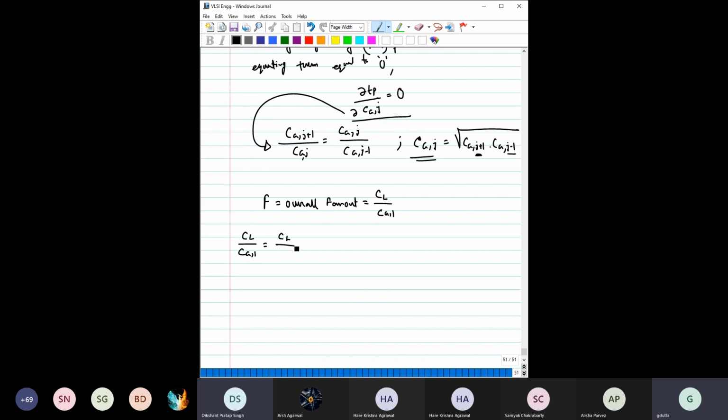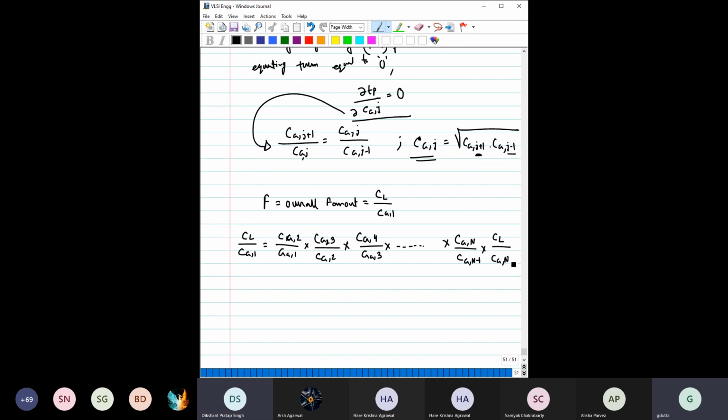See this CL by CG1. So I can write it like this: CG2 by CG1, CG3 by CG2, CG4 by CG3, and so on, CGN by CGN minus 1, then CL by CGN.